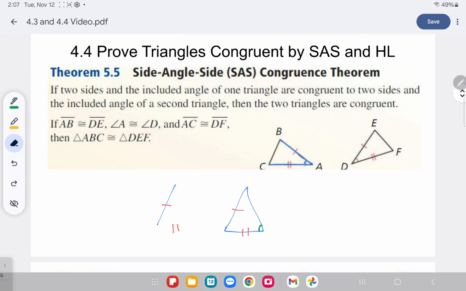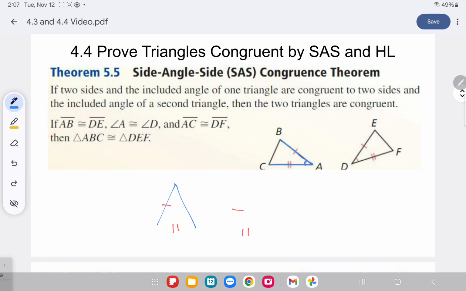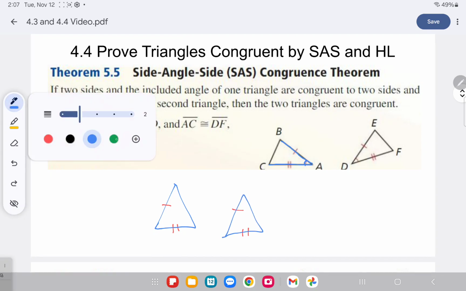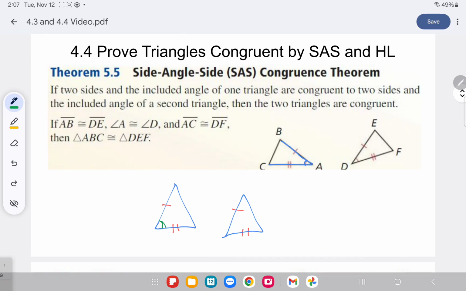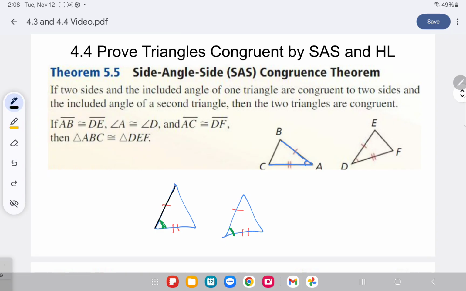So to use SAS, we would have to show that this angle is congruent to this angle. Those are the included angles. And again, included angle basically means where the 2 sides meet.